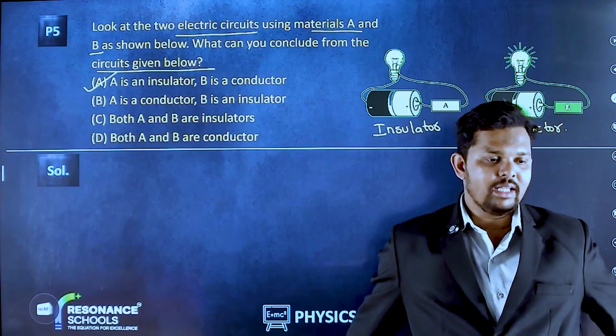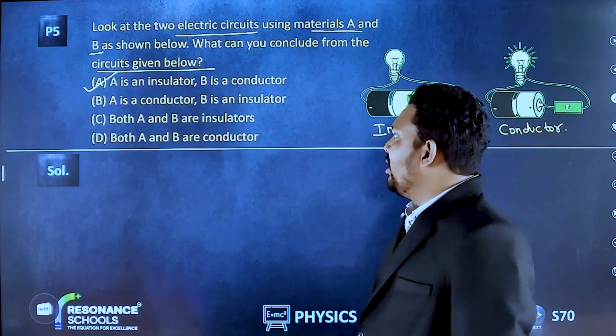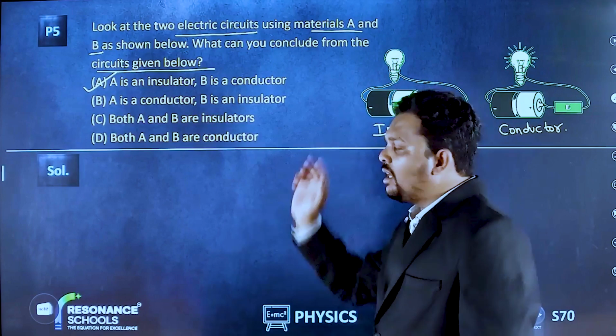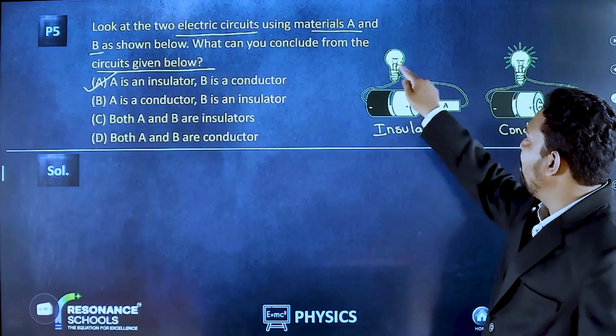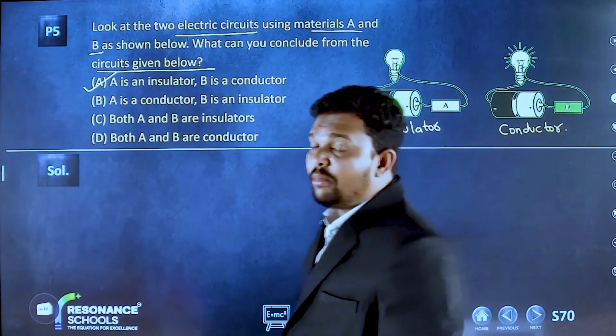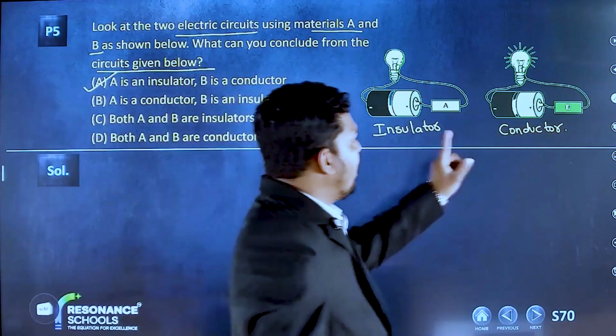Someone is saying the answer is B. You're absolutely wrong, beta. Why B? A cannot be a conductor. According to B, A is a conductor and B is an insulator. If A is a conductor, the bulb should glow, but it's not glowing in that scenario. While in B, the bulb is glowing.